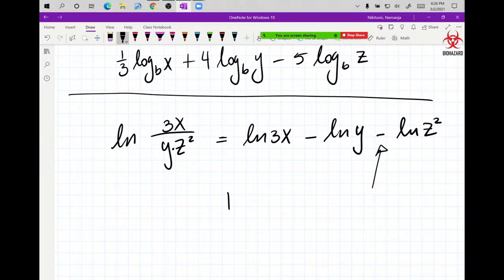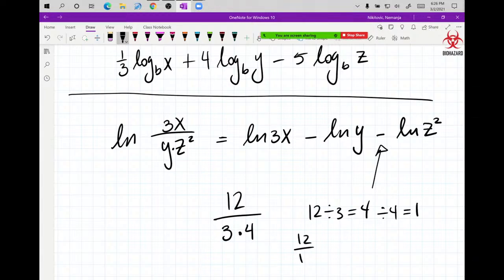Because when you have 12 and you divide 12 by 3 times 4, what's the answer? Right? The answer is you divide 12 by 3, which gives you 4, and then you divide that by 4, and then you get 1. Which is, if you do the multiplication, you will get 12 divided by 12 gives you 1. Right?